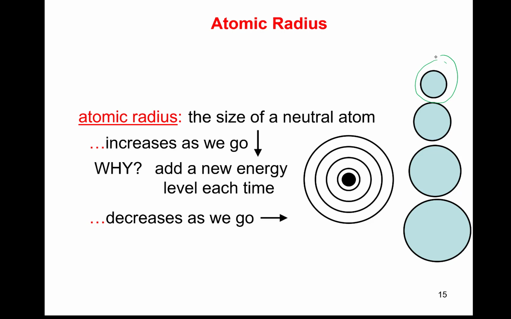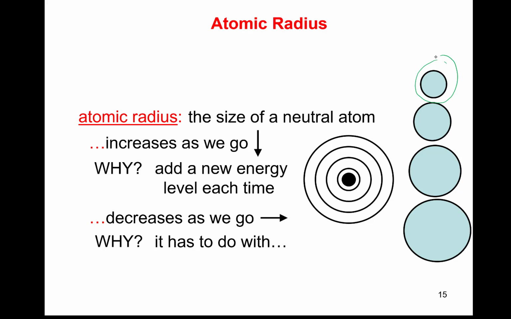As you go across a period, the atomic radius will decrease, and we said that is going to be due to the Coulombic attraction. So once again, as you go across a period, you are in the same highest energy level the entire time you go across the period, but you're adding an extra proton and an extra electron every group you go across, and they're going to have a stronger attraction for each other.